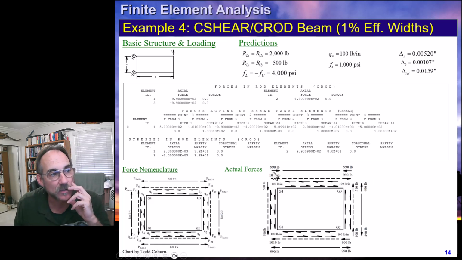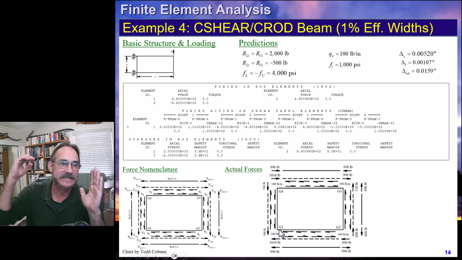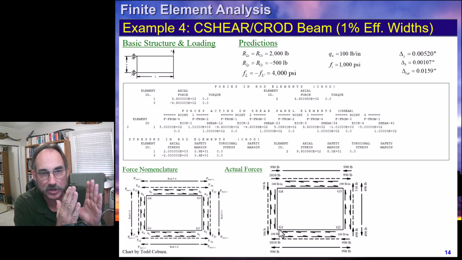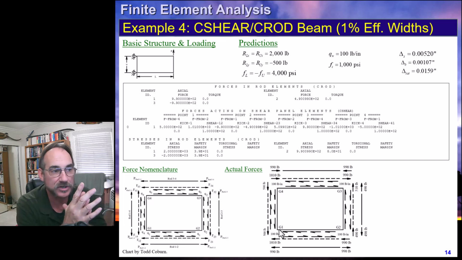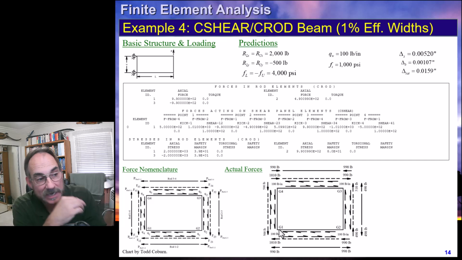At the left end of this rod, we have 990 plus 1010 of compression, resulting in 2,000 pounds of compression, as predicted. Along the left end, we end up with 1,000 pounds of force being applied into the wall, which actually feeds that imaginary rod, which feeds our reactions. Everything is balanced, and now we've accounted for everything.